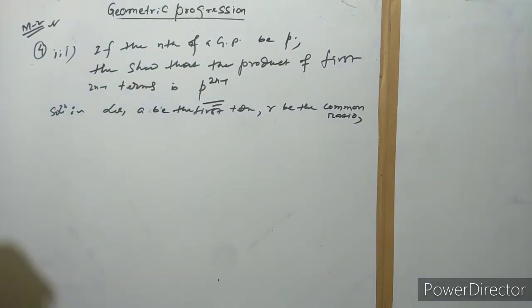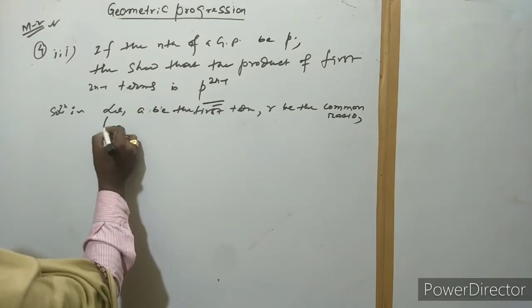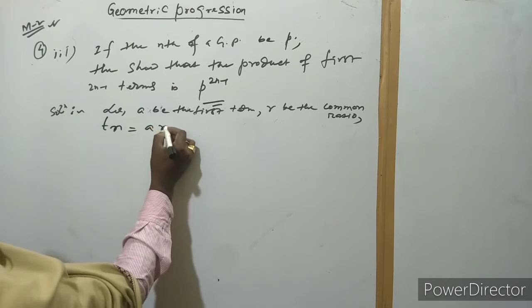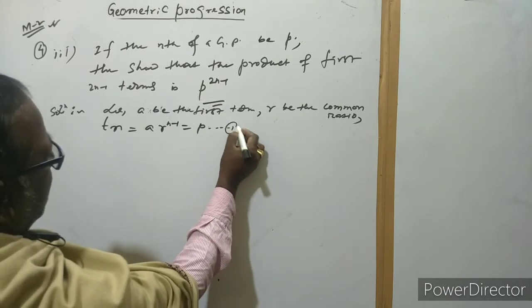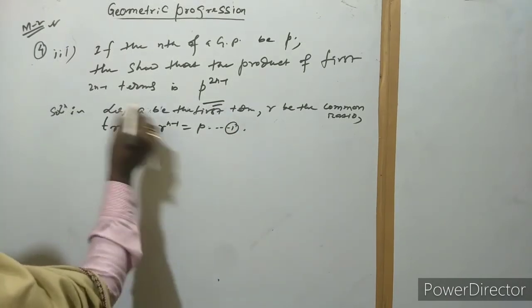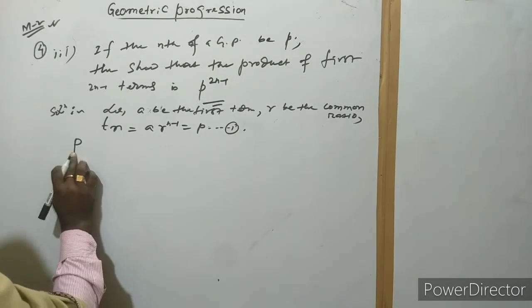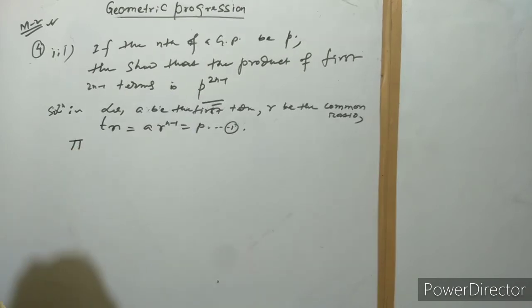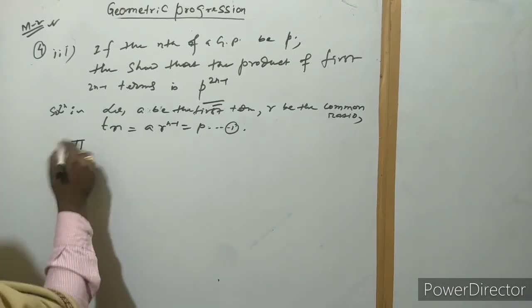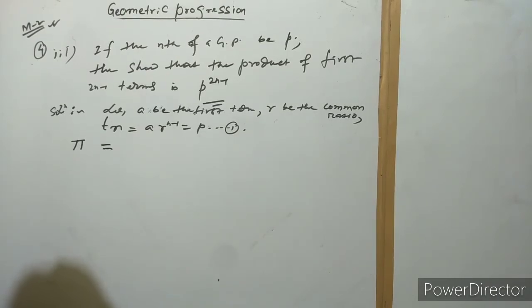And if the nth term be P, so we can write here nth term, this is T suffix n, that is A into R to the power n minus 1, that is given as P, number 1 case. And this is the product, so this is small p and this is the capital P, and we symbolize that. Actually the symbol of product we use here, pi is the symbol of product, that's why we noted it as a pi.